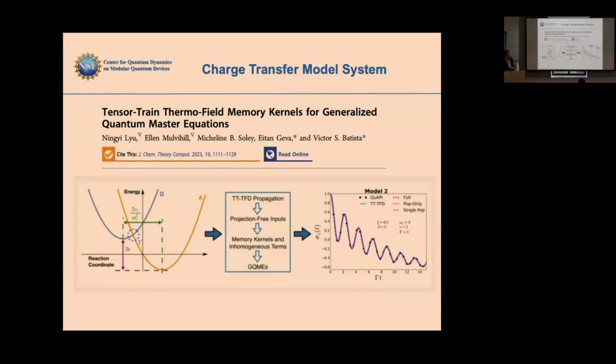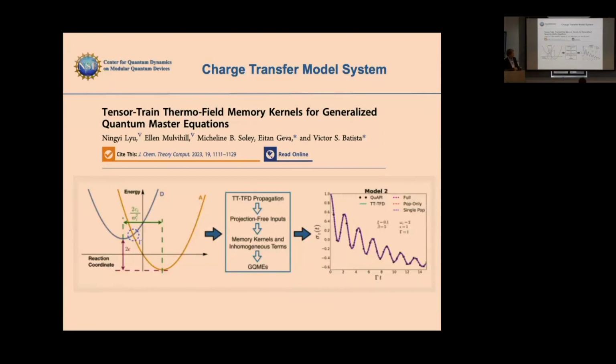And you see that those correspond to populations only versus a single population or full. That means that we simulate the dynamics for the generalized master equation that projects all the dynamics into either one of the elements of the reduced density matrix of the electronic degrees of freedom, only the diagonal matrix elements, or all of the matrix elements of that reduced density matrix.